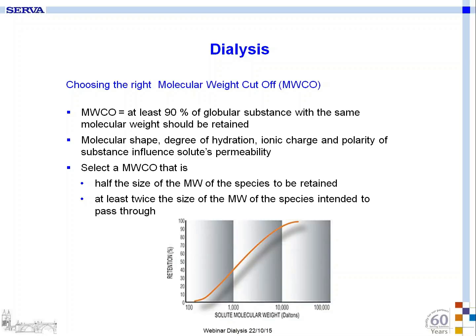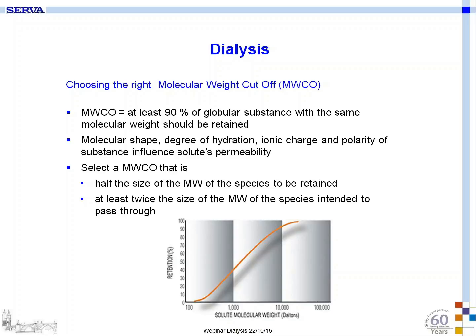So there are two things you have to keep in mind if you choose the molecular weight cutoff of the membrane. First, the molecular weight cutoff should be half the size of the molecular weight of the species which should be retained, and it should be at least twice the size of the molecular weight of the species you intend to pass through.